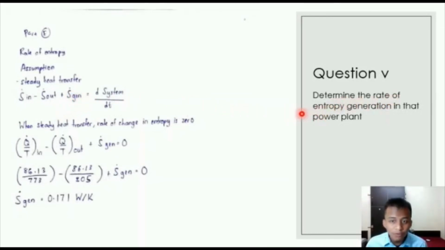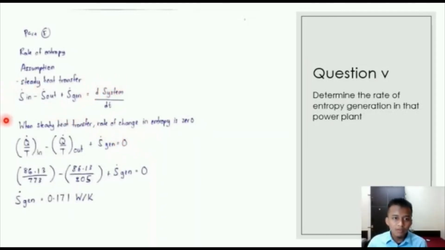This is the rate of entropy generation, equal to dS system over dt, which is the rate of change in entropy. When heat transfer is steady, the rate of change in entropy is 0.